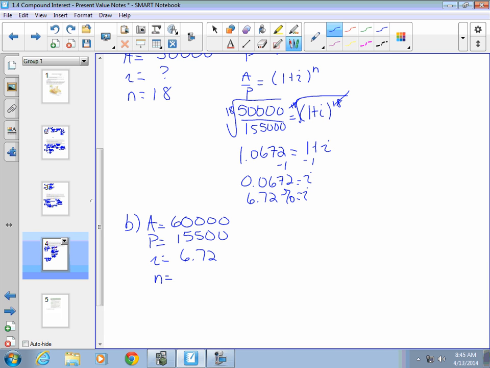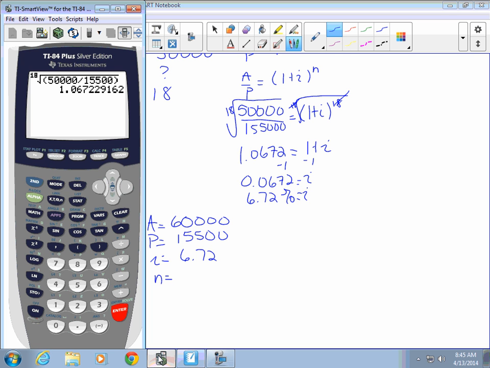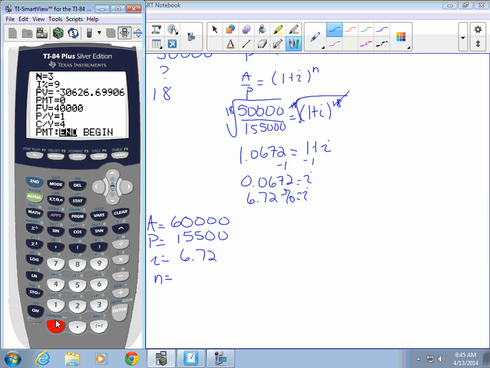So if you do this on the calculator, our N is what we're trying to find, so let's leave that as 0. Our interest rate was 6.72. Present value was, remember when you're putting the amount you're putting into an investment, it's a negative 15,500.